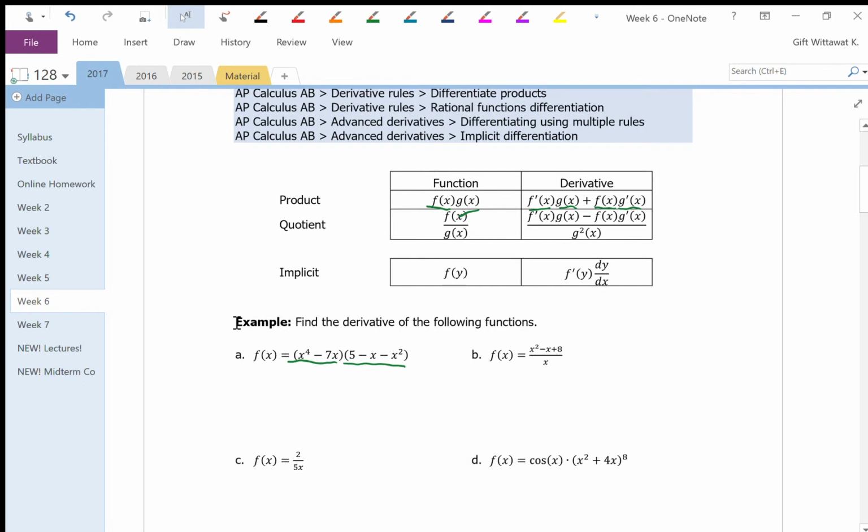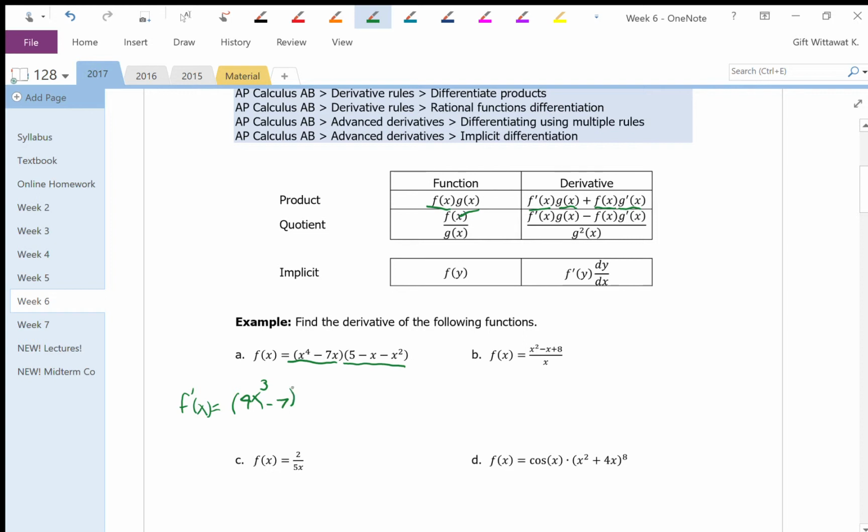So let me take the derivative of this guy. I'm just going to use the formula here. It's the derivative of the first term, which is 4x cubed minus 7. You should be familiar with the basic rule already.